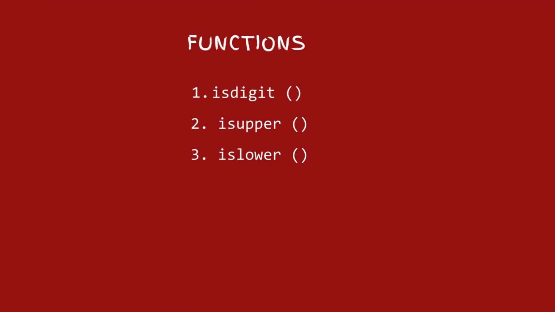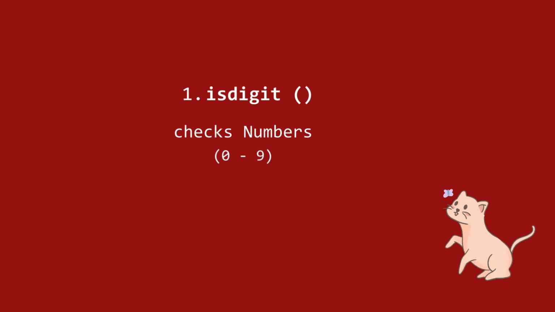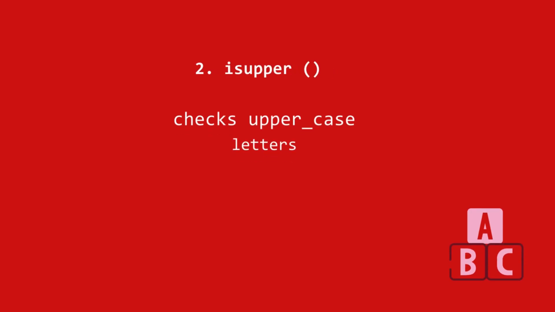Now, let's have a look at the functions which will check if the three policies have been satisfied by the user. The first function is the isDigit function. The isDigit function checks if there is a numeral number inside the password, I mean a number from 0 to 9. The second function is the isUpper function. The isUpper function checks if there is any uppercase letter in the password entered by the user.